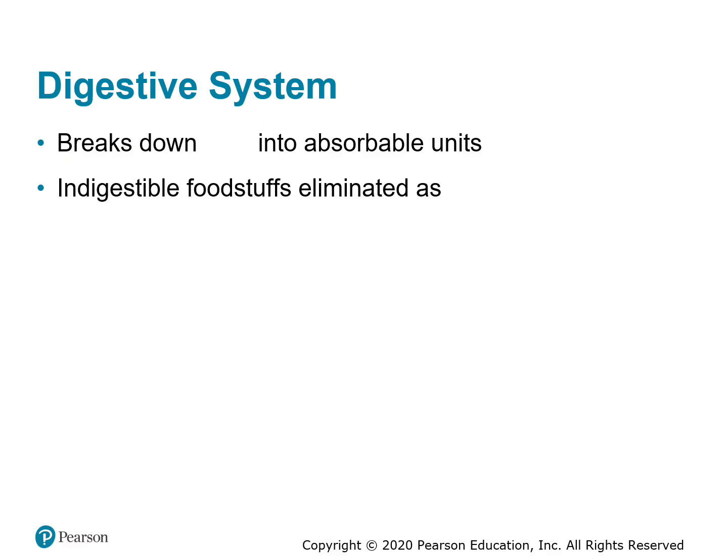Next, we've got the digestive system. Digestive system helps to break down food into absorbable units. And stuff that is not digestible gets eliminated as feces. Feces is a fancy word for poop.